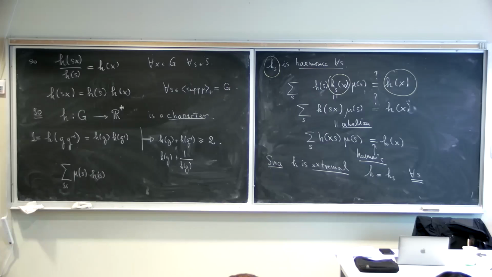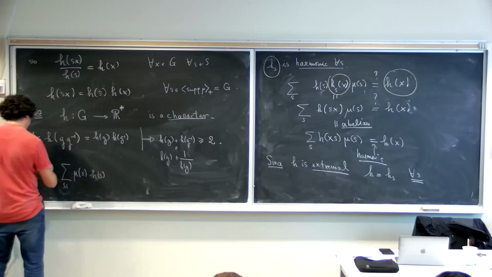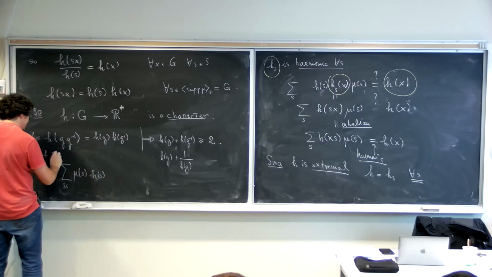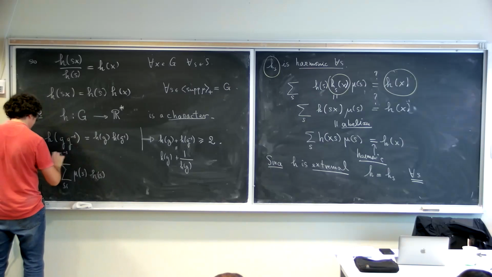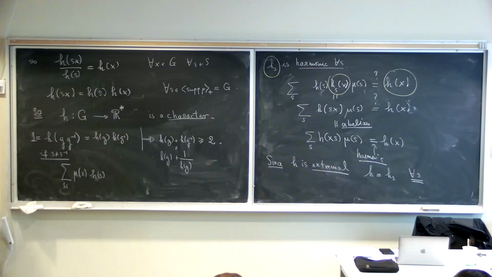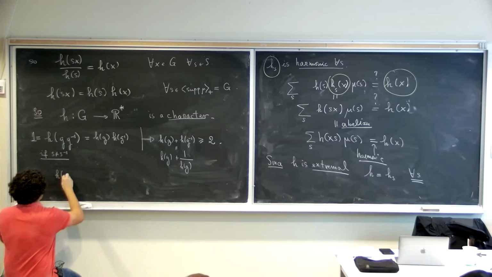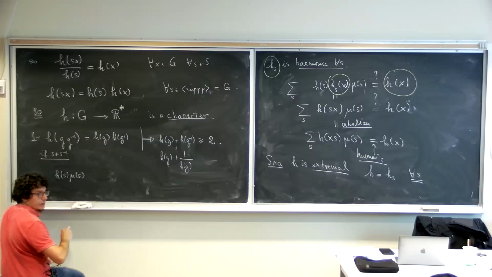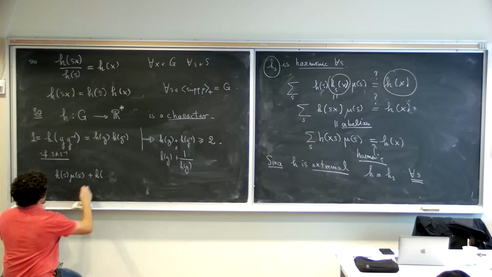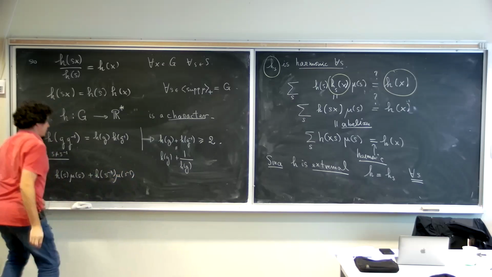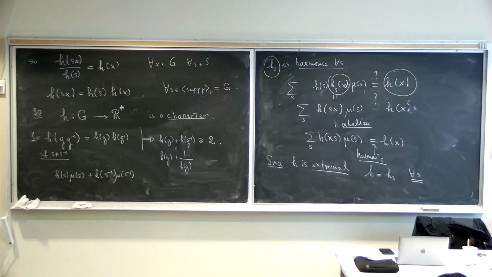Let's see. What I want to say is, if S is different from S inverse, then I take H of S mu of S plus H of S inverse mu of S inverse, and then I sum over all S.